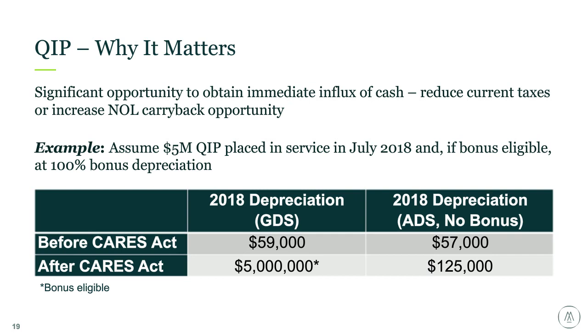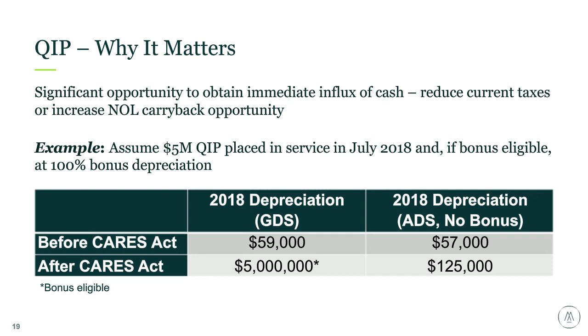QIP can be especially powerful when coupled with the net operating loss carryback opportunity from the CARES Act, because taxpayers may be able to generate permanent tax savings by utilizing the tax rate arbitrage from the lower federal tax rates prior to the Tax Cuts and Jobs Act. Jarrid's going to talk more about this in depth later in the webcast.